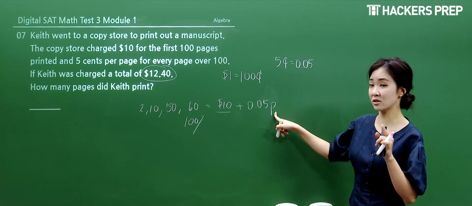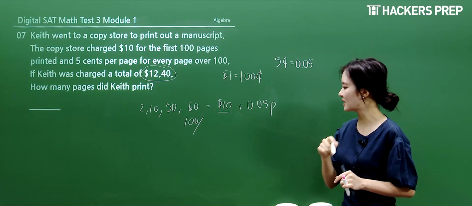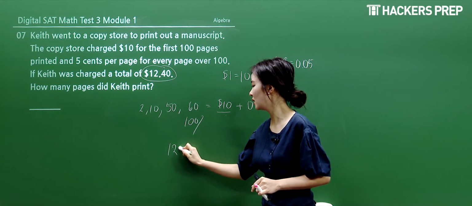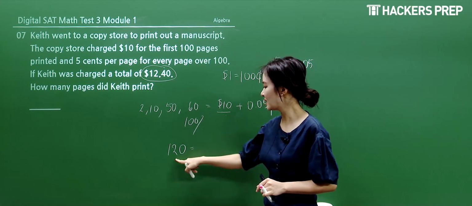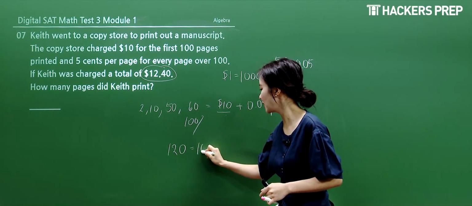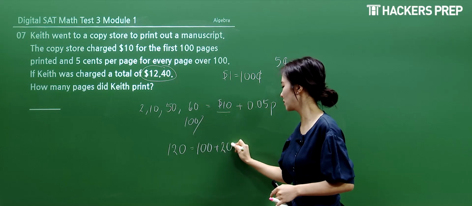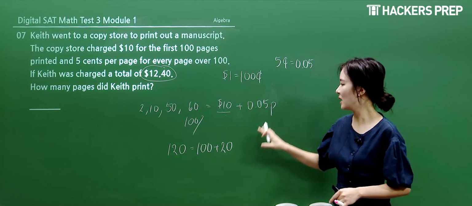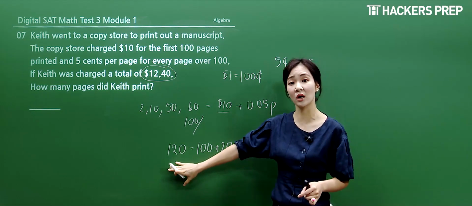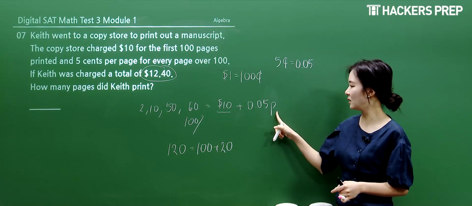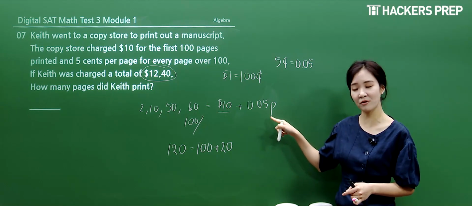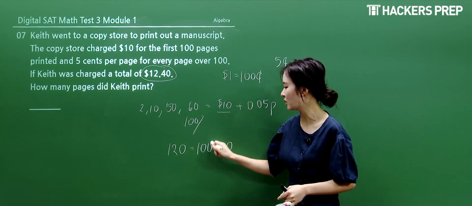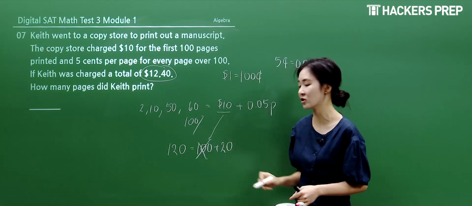But there's a little bit of a caveat. For example, let's say he printed 120 pages. This has to be divided into 100 pages plus the extra 20 pages beyond the 100. So if his total number of pages was 120, this P that we're multiplying by 0.05 is not going to be 120, because he already paid $10 for the first 100 pages.